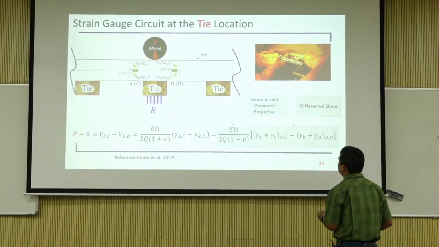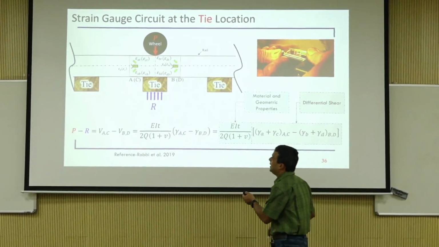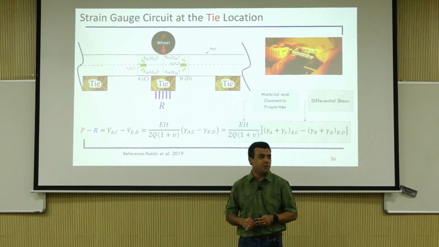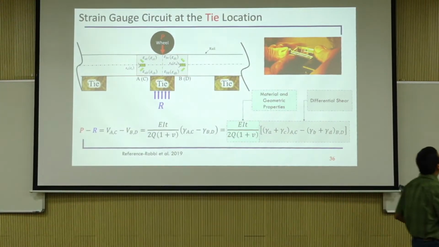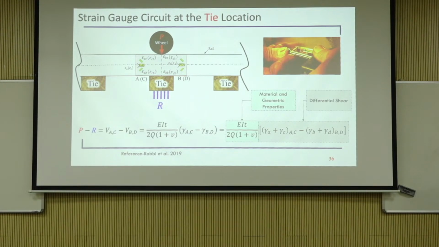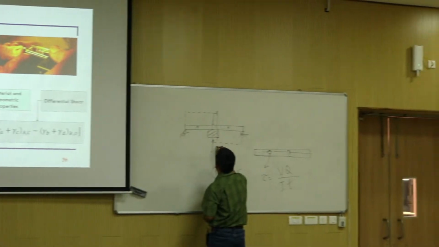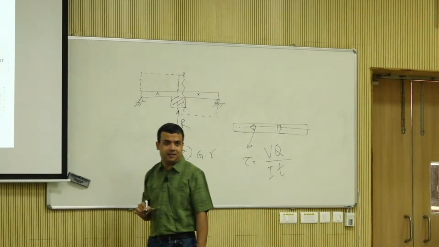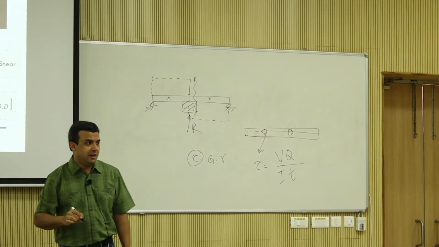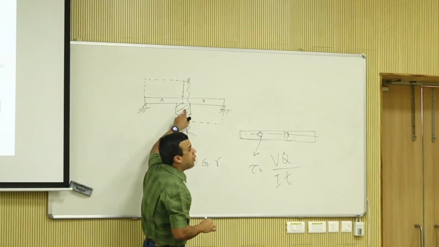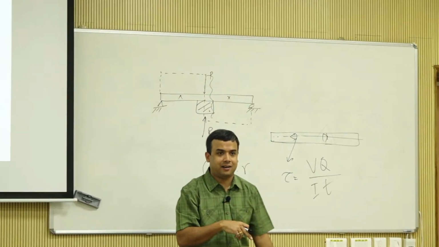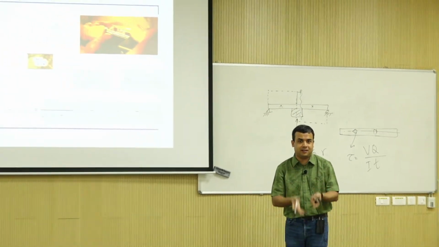What we did is we actually extended it to something. We said, now let us say I am doing this exact measurement across a tie, because the tie now has a R, right? So at the tie, this difference is not going to be P, it's going to be P minus R, right? That's the difference, that's the resultant in there.